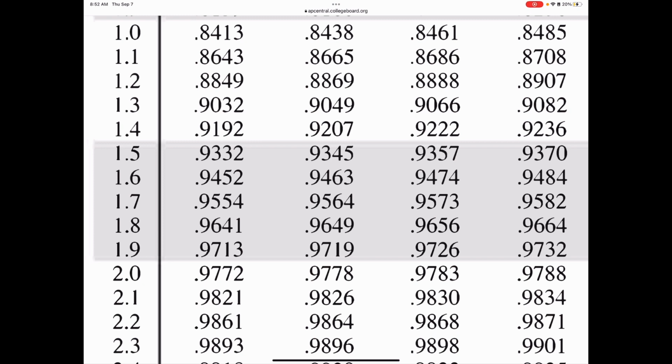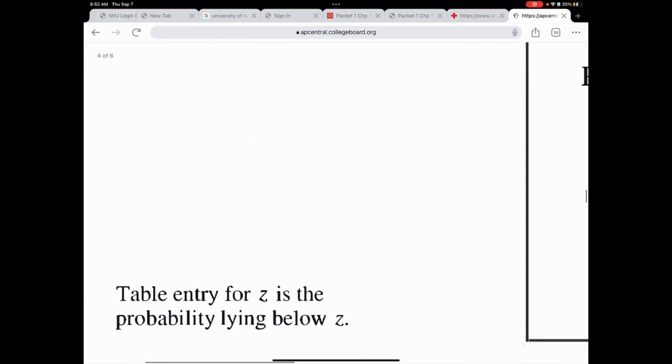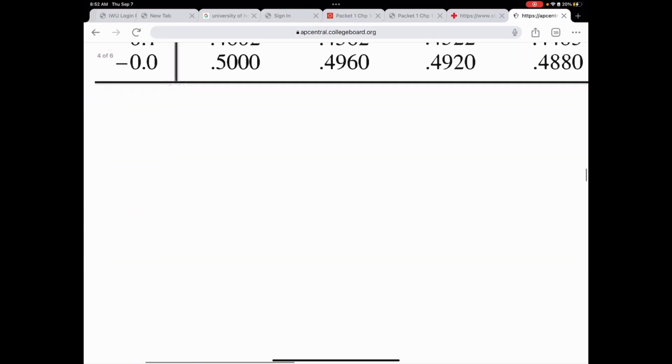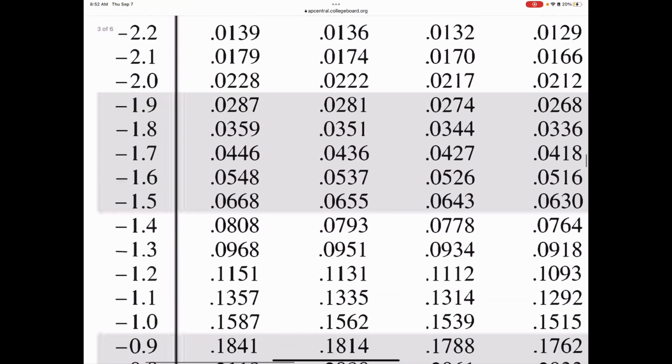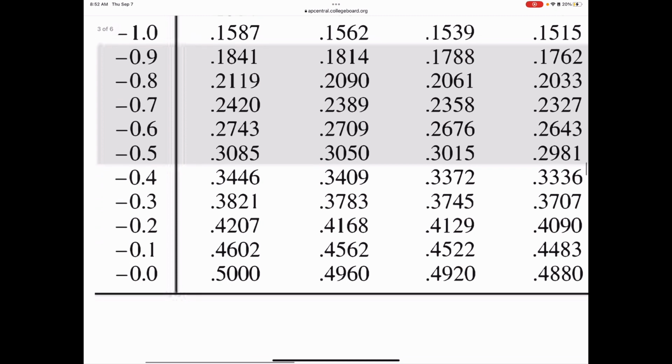I'm just going to give a wild guess: I think it's going to be 0.1587. So let's go to negative 1. Oh, there it is, 0.1587.